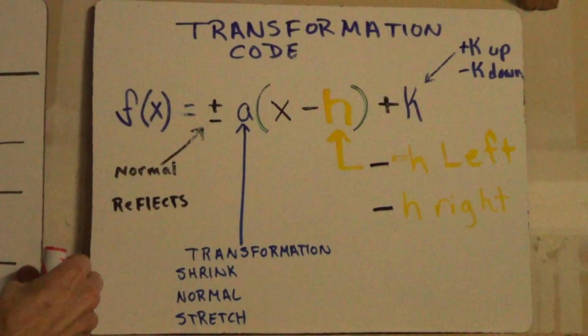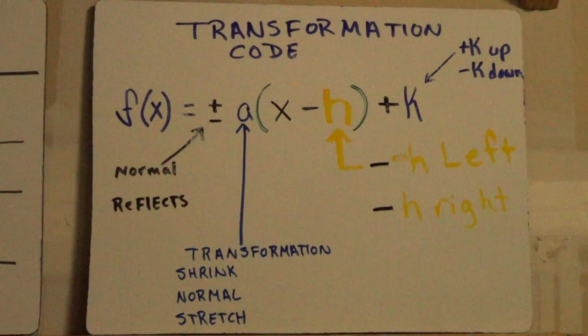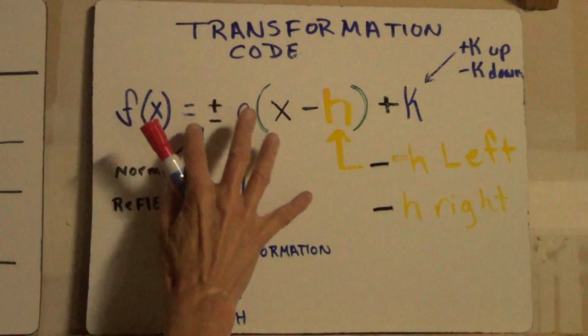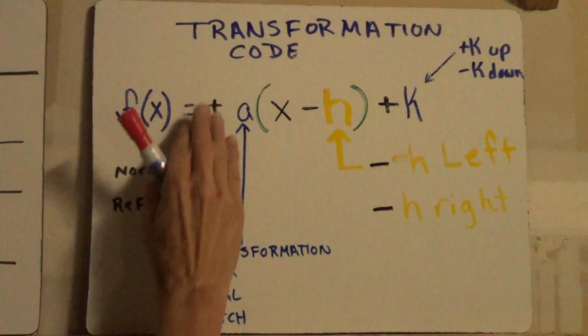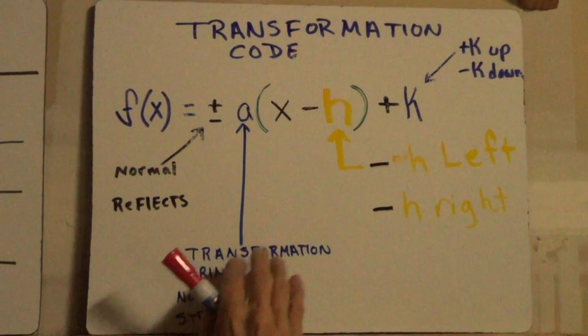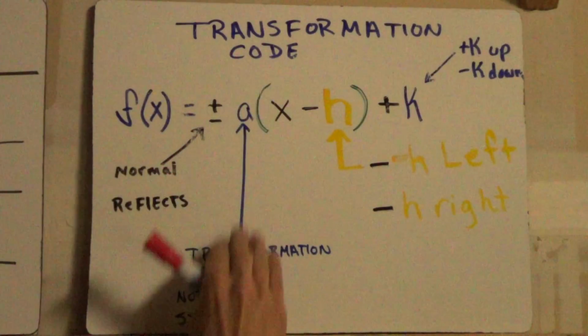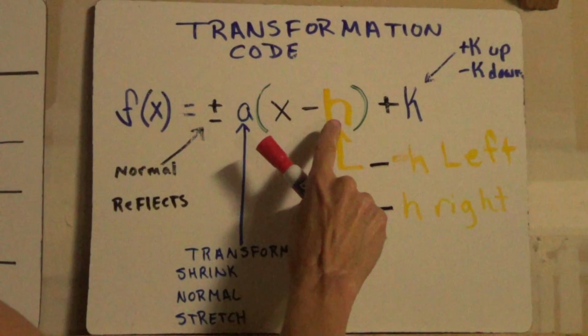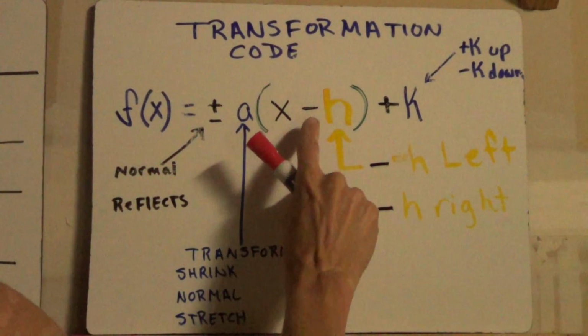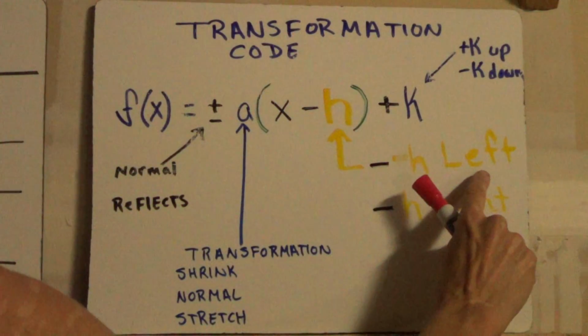So moving on. Here's the code that will really help you if you'll get this in your notes. We're not going to get into transformations, so I'm not going to talk about the plus or the minus out front, and not about the a value in the front, just going to talk about your h. Shift to the left.